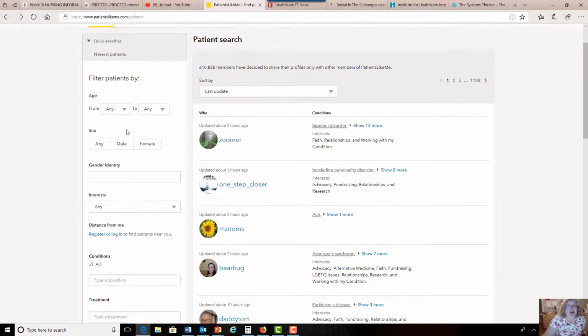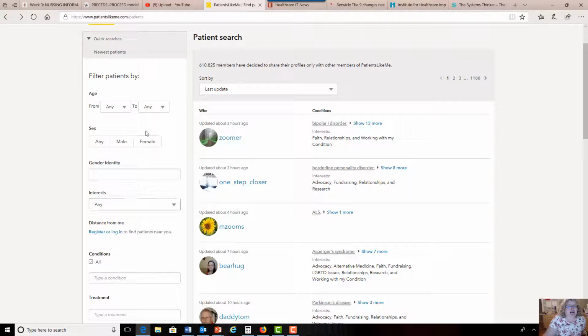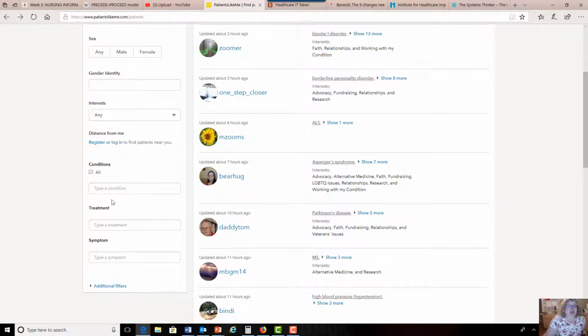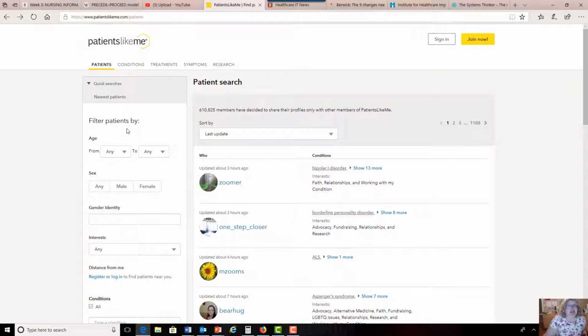And you can come on here and look at any type of patient and find out who's near you. You can choose conditions or treatment. Maybe if you're having a specific test, you can put in the test and see.